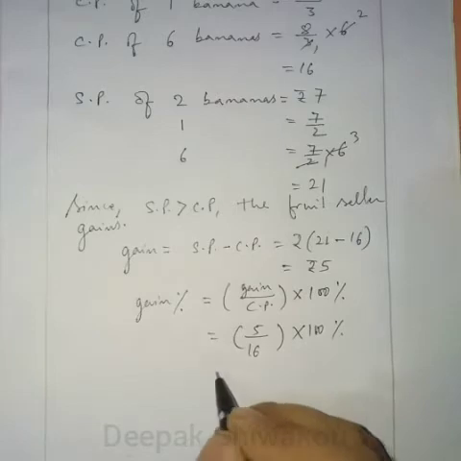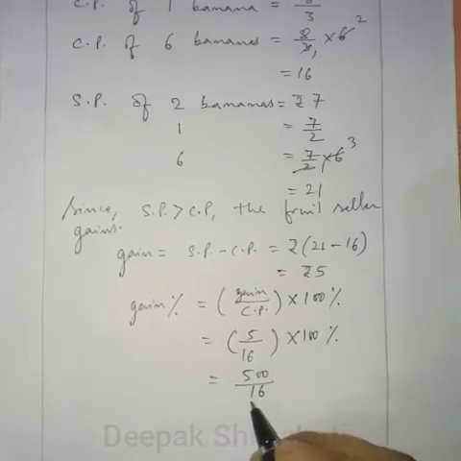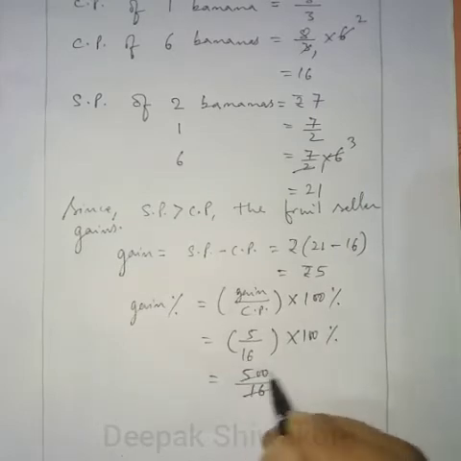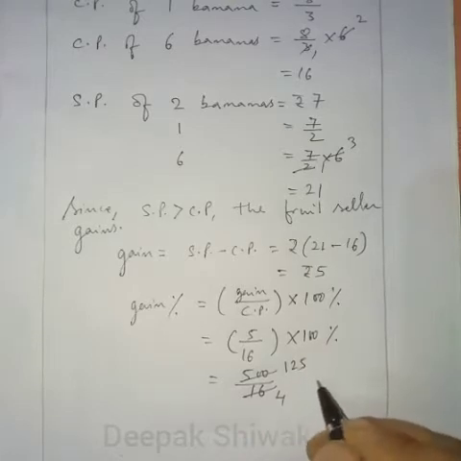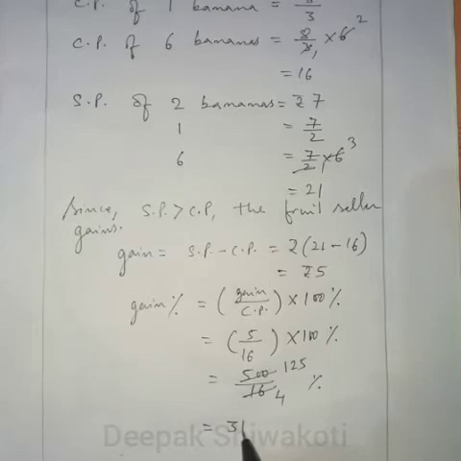Okay, so here 500 by 16. Cancelling this, 4 4s are 16, 4 ones are, and then 125 here. So when we divide 125 by 4, we'll get 31 whole 1 by 4%. So gain percent is 31 whole 1 by 4%.